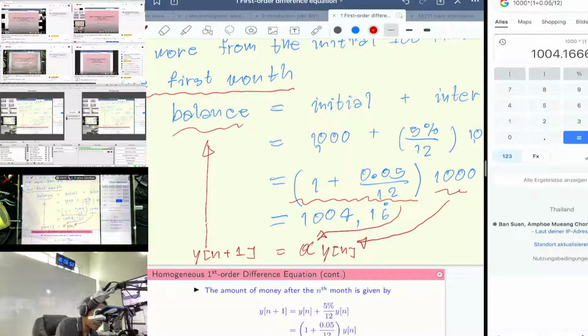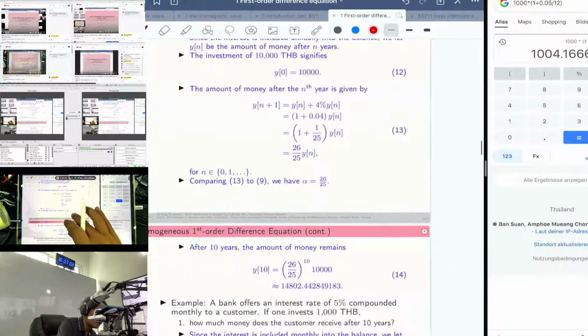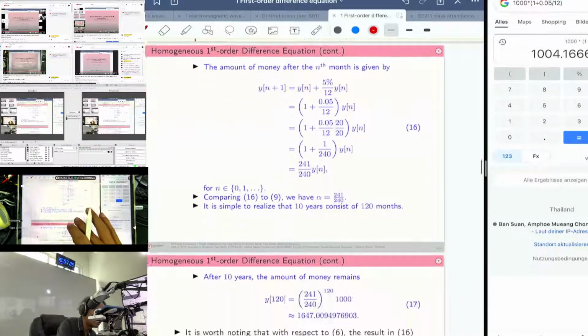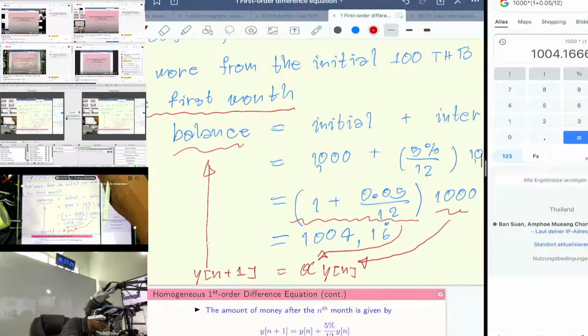So once you get this, you can calculate. Wait a second. Okay, open the new page.